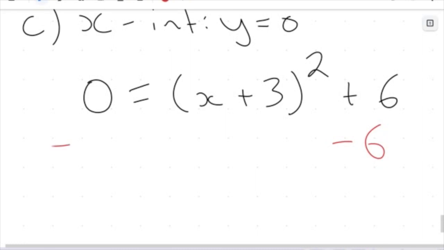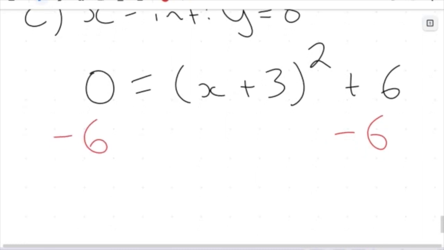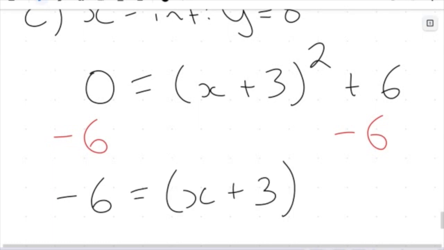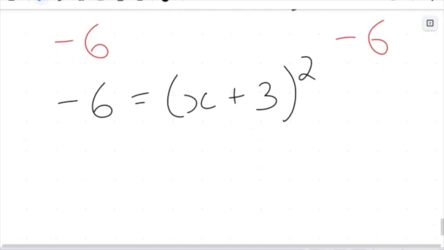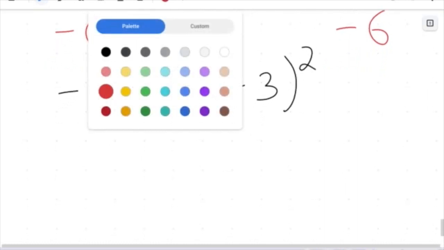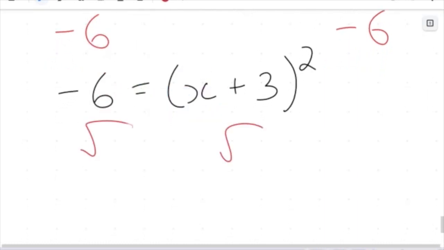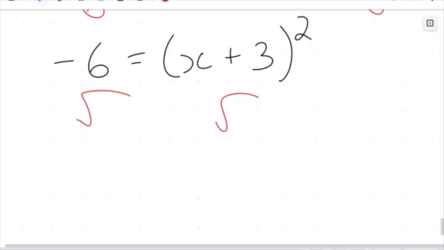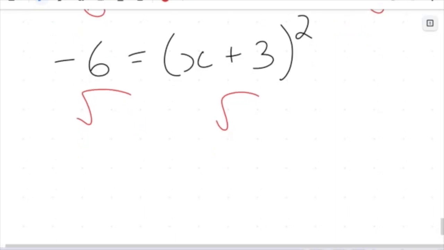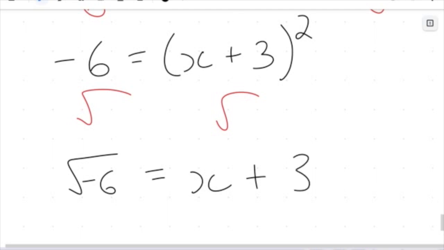I'm going to subtract 6 from both sides, and that's going to give me minus 6 equals (x plus 3) all squared. And I'm going to try to do the same thing I did before. I'm going to try to square root both sides. So, on the left I'm going to get the square root of negative 6, and on the right I'm going to get x plus 3.